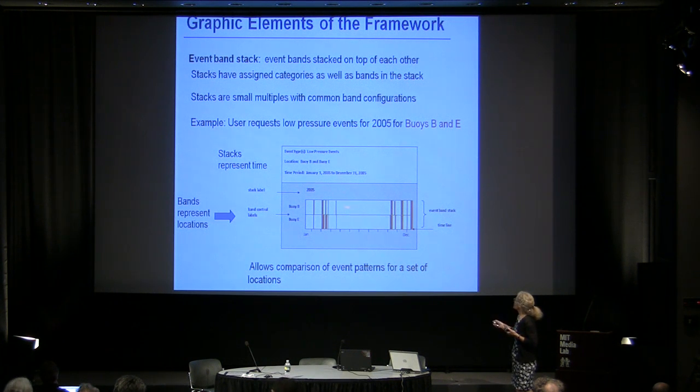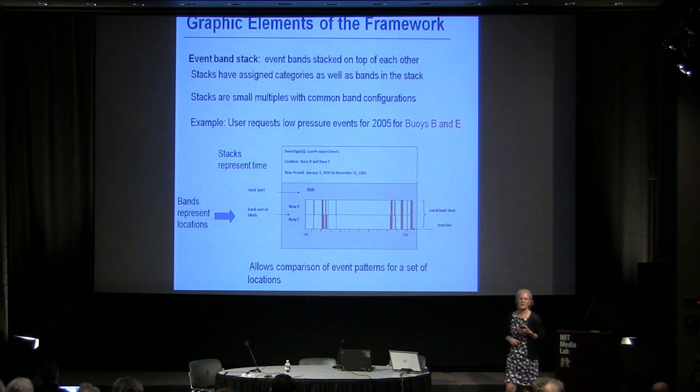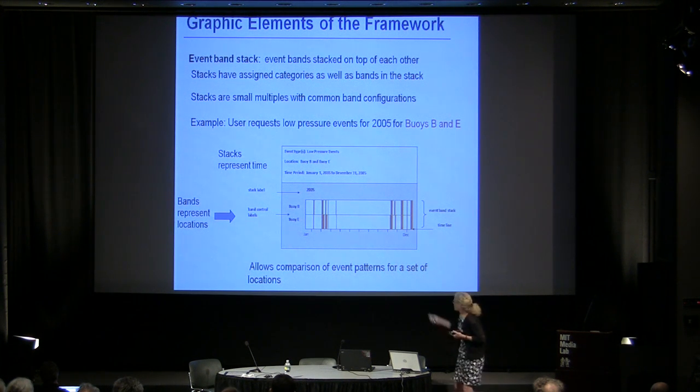This allows us to compare what happened in 2005, and how what buoy B saw in terms of pressure events compares with what buoy E saw. These have to be small; these are small multiples, in Tufte's words. You have to have this common graphic structure so that you can do these visual comparisons.